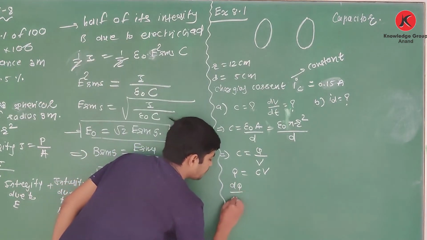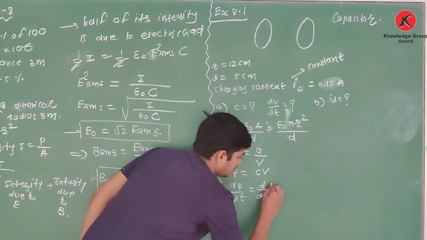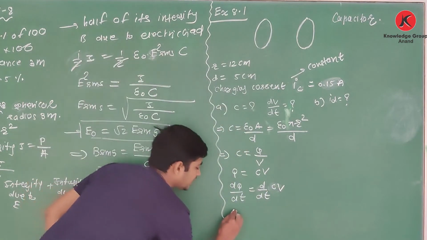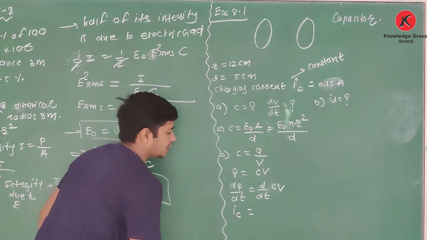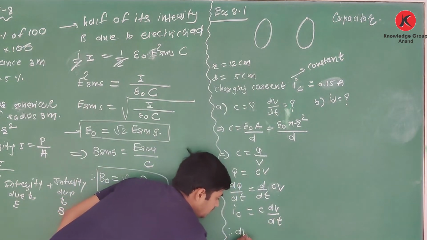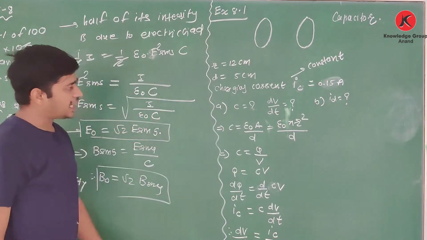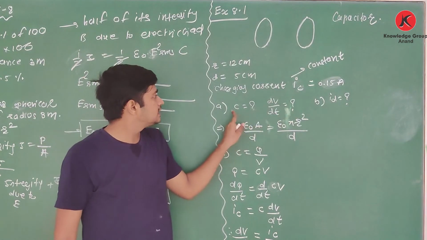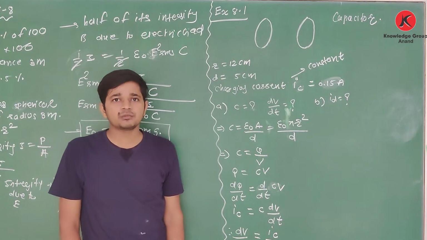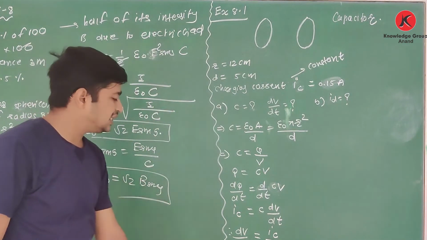So dQ upon dt is equal to C times d upon dt of V. dQ upon dt is nothing but IC, and C is constant. So dV upon dt is equal to IC upon C. Simple. From question number 1 you can easily find this. Clear about this? It is one easy question which is again based on the equations.